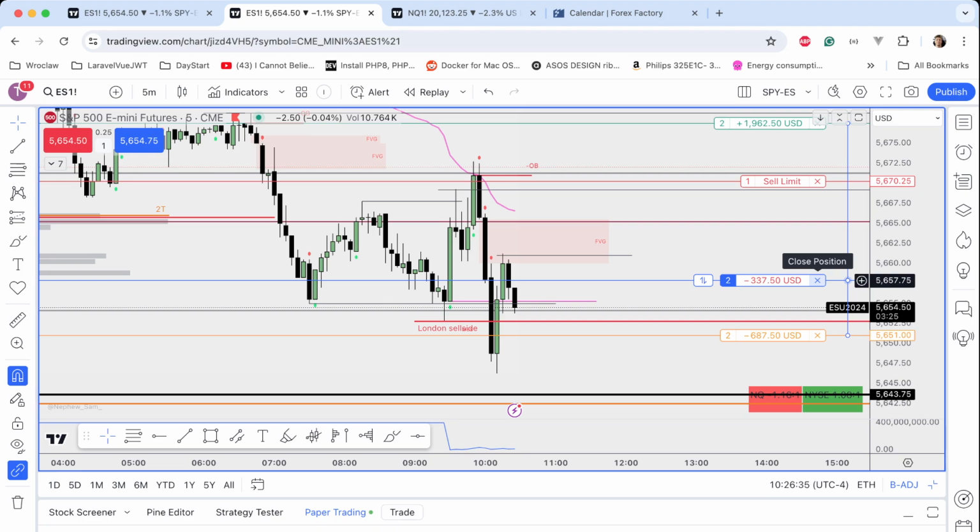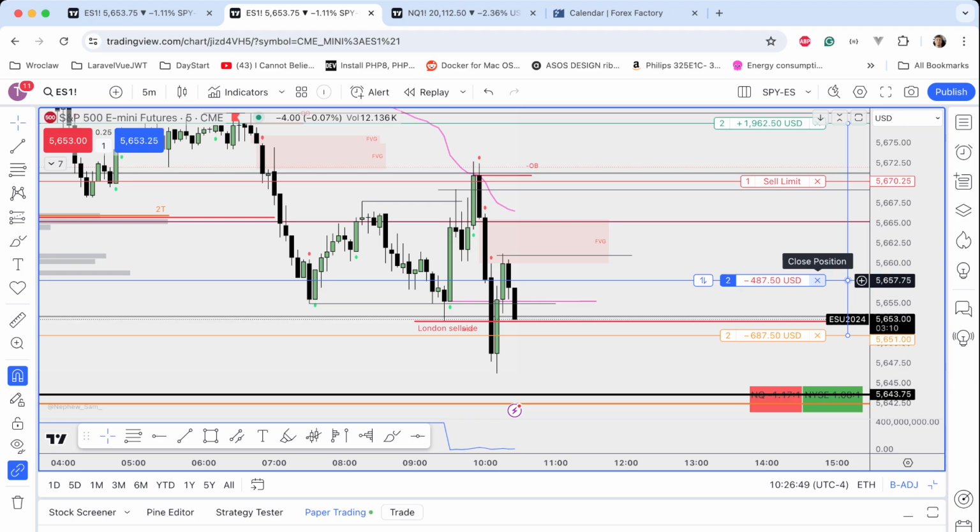Still have 4 minutes. Testing sell side liquidity, overnight sell side, London sell side. Okay.